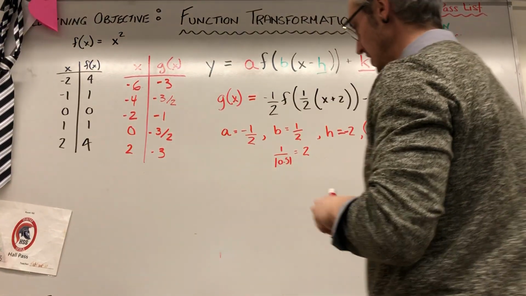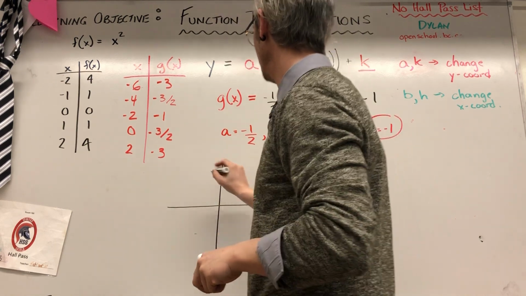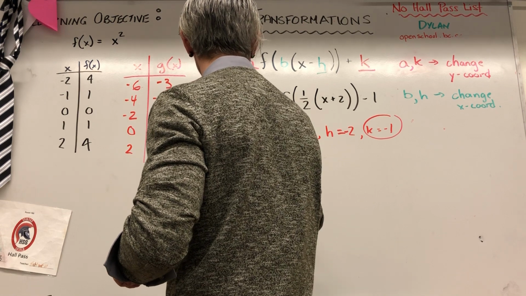And now I can just go ahead and graph my functions here. My original goes from -2, 4 to 2, 4.